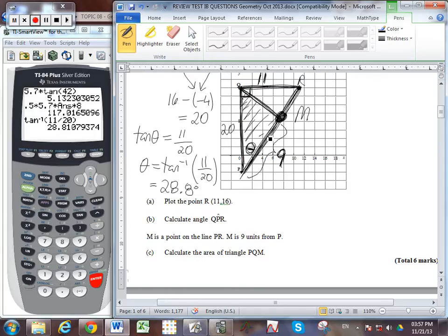Well, if this thing is 9 units long, and this one is 20 units long, and I know the angle in between, I should be able to use my area is 1/2 ab sine C formula. In this case, our two sides are 20 and 9, and the angle in between, we found this angle earlier. It was 28.8 degrees.